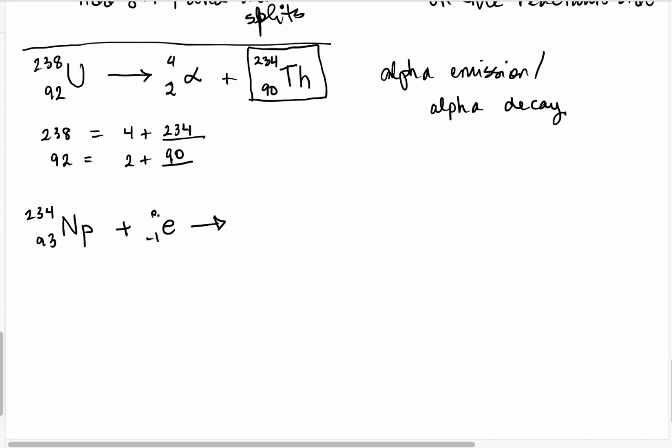Since electrons have zero mass, our mass number is not going to change. But since the electron has a -1, when we add those together, this is going to be 92. So this actually makes uranium. This is a different isotope of uranium. And this is electron capture.